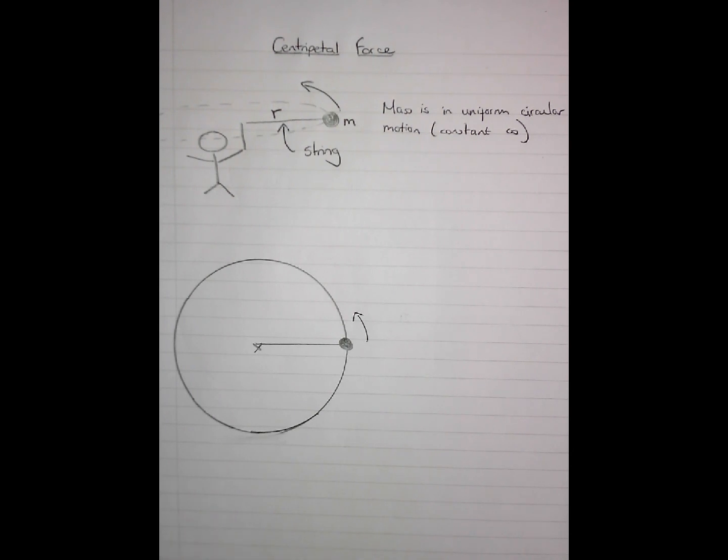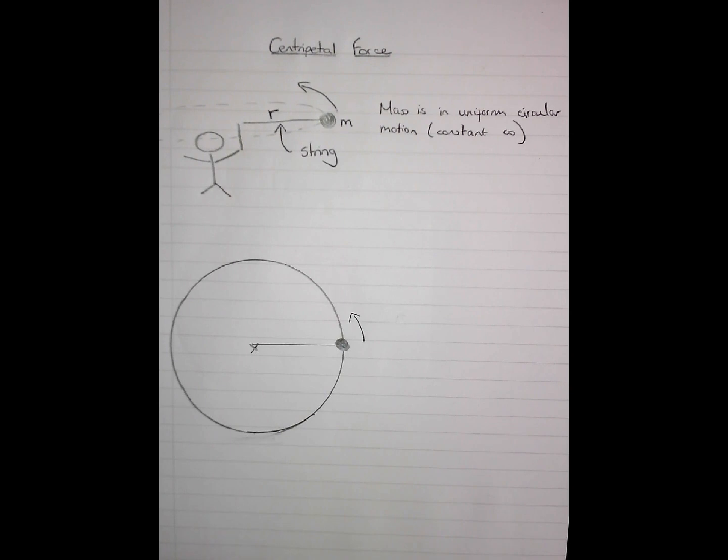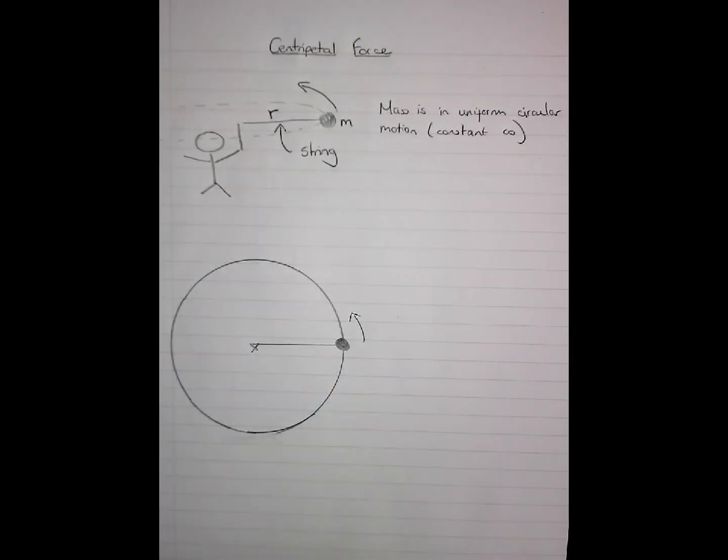This is the assumption. These are the problems we're going to work with at A level. We never look in depth at problems where the angular velocity changes. So this is our bird's eye view.